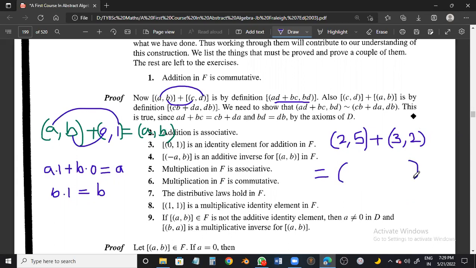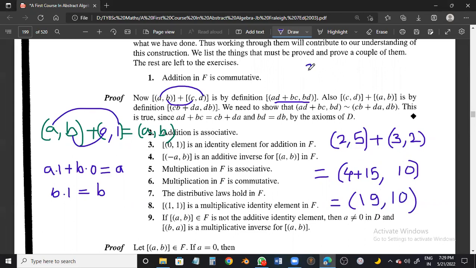I'm sorry, what will be this addition? I said product. It is addition. So it will be 2 2s are 4 plus 5 3s are 15. So the first place will be 4 plus 15. Hope all of you agree. And the second place will be 5 2s are 10. So what is the answer? This is 19, 10. Followed me? The answer is 19, 10.